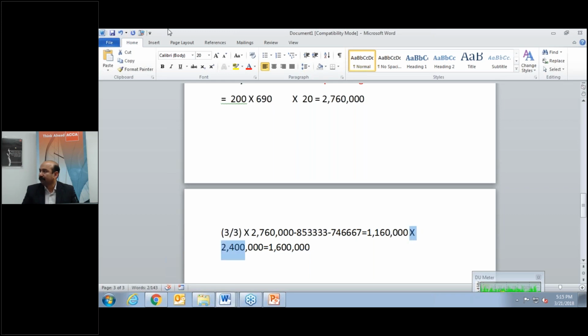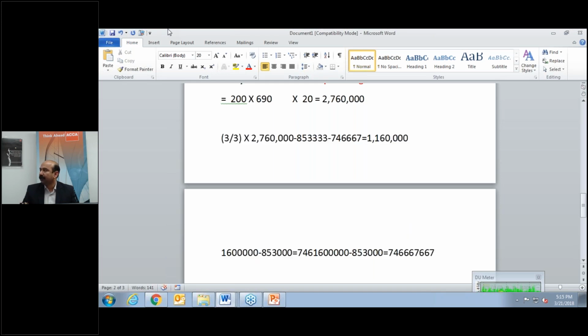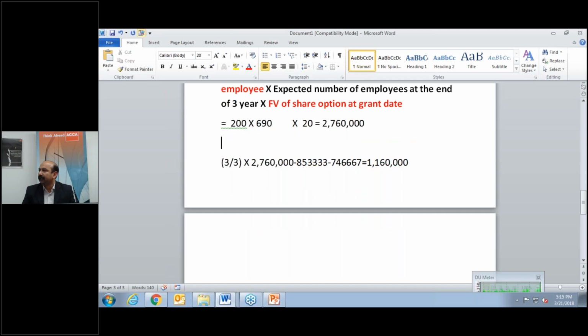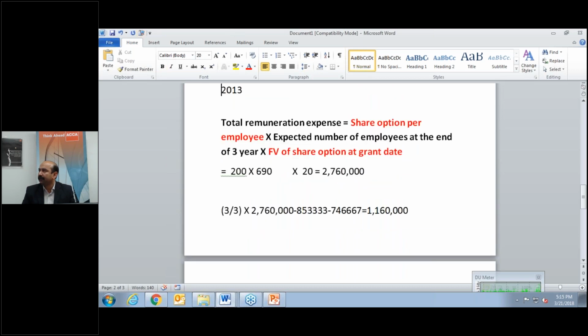So this is the amount which is the remuneration expense for, let me erase this so that it should not create confusion. So this is the amount which will be recognized as a remuneration expense in 2013. This is the amount.